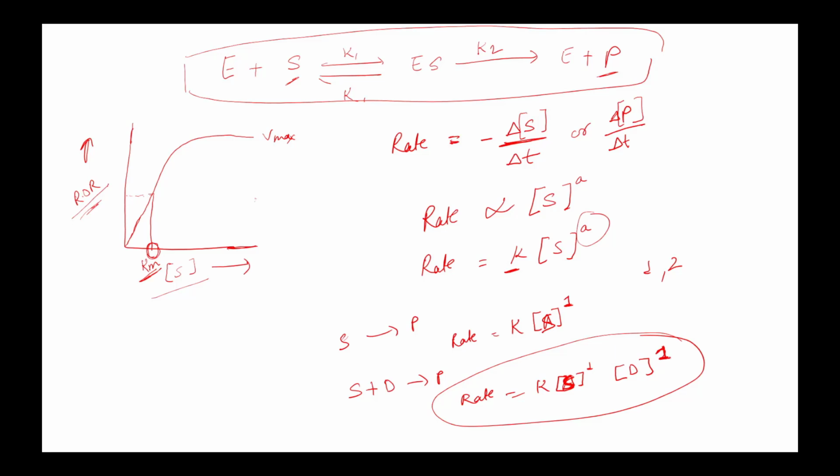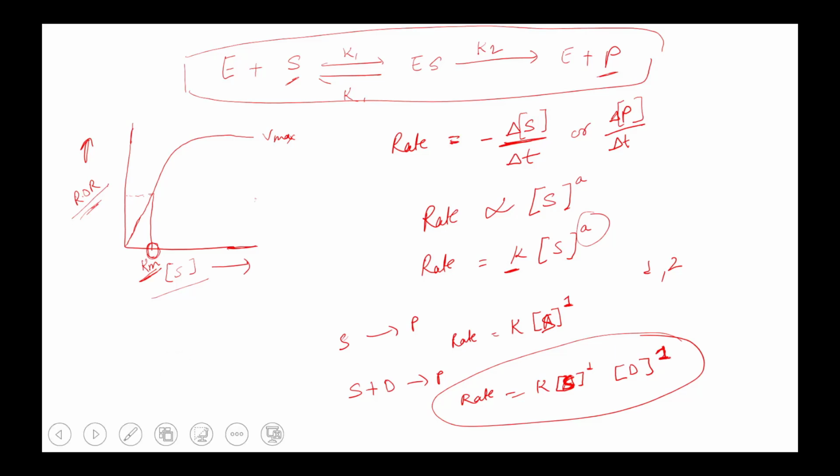So that is how the rate of reaction for any particular reaction is calculated. All the exponents are calculated, but generally the values come out as small whole numbers like 1 or 2, or if it doesn't depend on any reactants but depends on the enzyme concentration, then it becomes a zero order reaction.